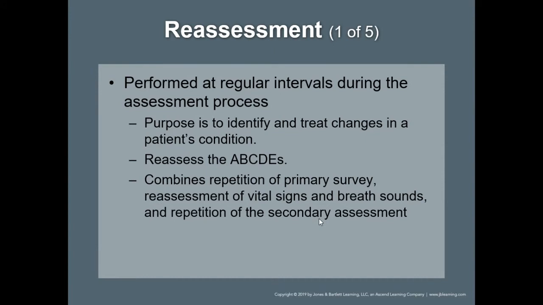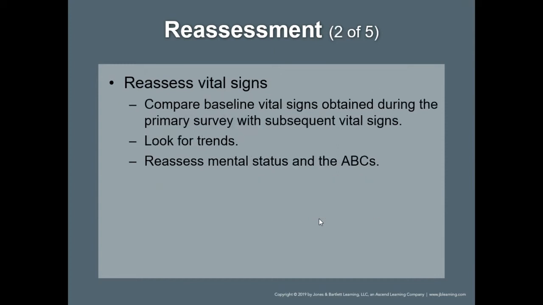The purpose is to identify and treat changes in a patient's condition. Reassess your ABCDEs, combine repetition of the primary survey, reassessment of vital signs, and breath sounds, and a repetition of the secondary assessment.